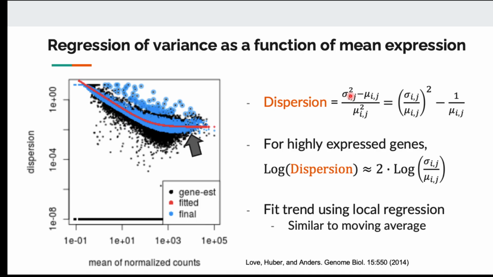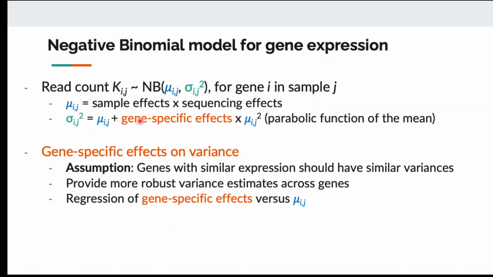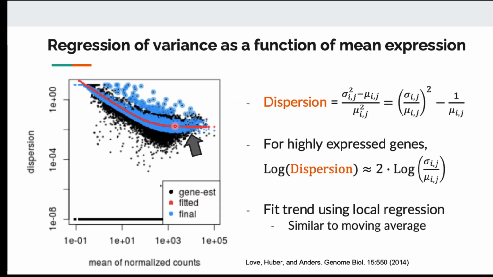And in this case, it's perfect for the negative binomial, because for the negative binomial, we know that the variance is the mean plus some factor times the mean square. So when we subtract the mean and divide by the mean square, essentially we are plotting the graph for the gene-specific variance. So that's why they plot it this way. The y-axis here is the gene-specific factor on the variance that we want to estimate.